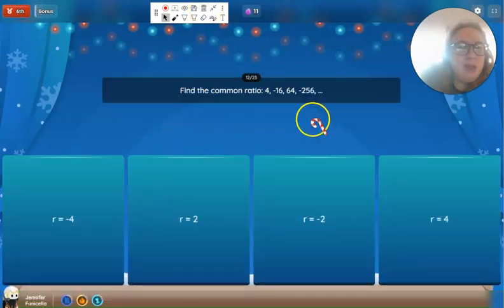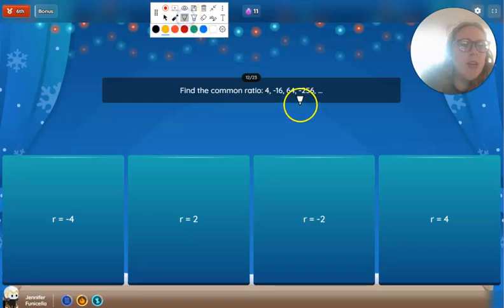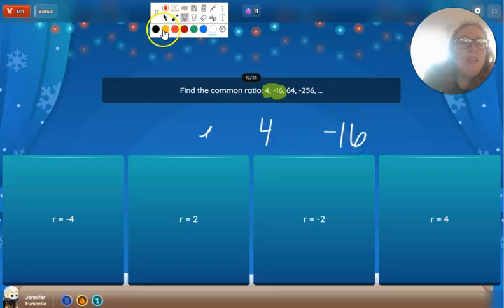Question 12 wants you to find the common ratio here. So you can just pick any two numbers. A lot of the times it's easiest to start at the beginning because the numbers are usually smaller towards the front, but you don't have to. So how do we go from 4 to negative 16? Well, we're multiplying by a negative 4, right?